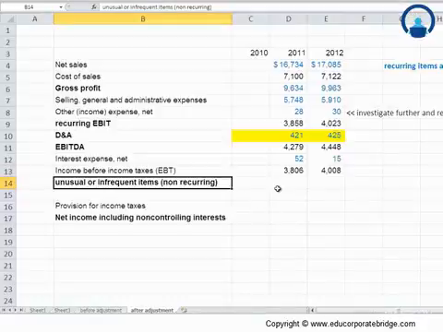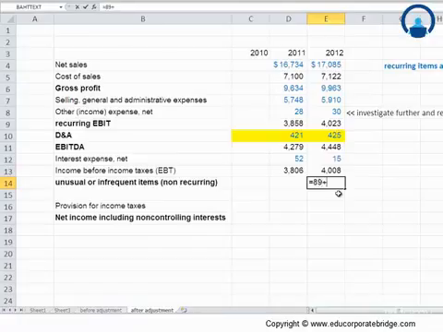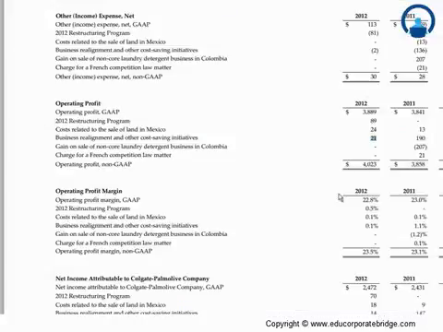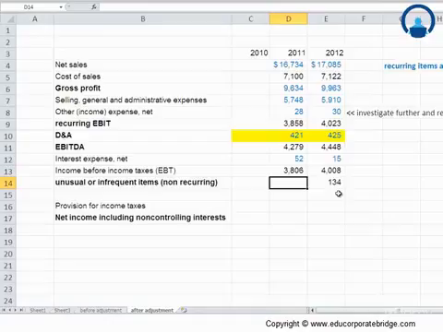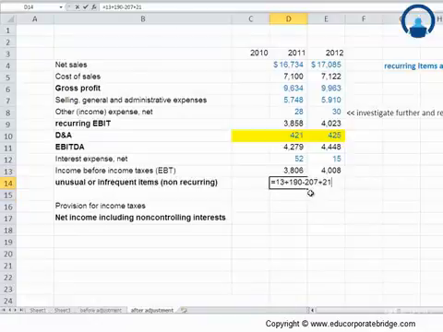So let me just quickly adjust it. 89 plus 24 plus 21. So the total of 134 was the non-recurring charges which were included above. And what about 2011? A total of, this is equal to 13 plus 190 minus 207 plus 21. So this is the total amount of non-recurring charges which were included.